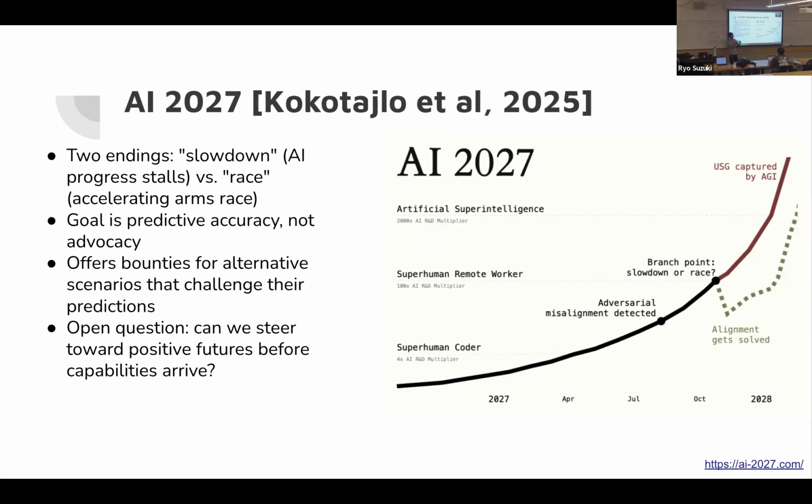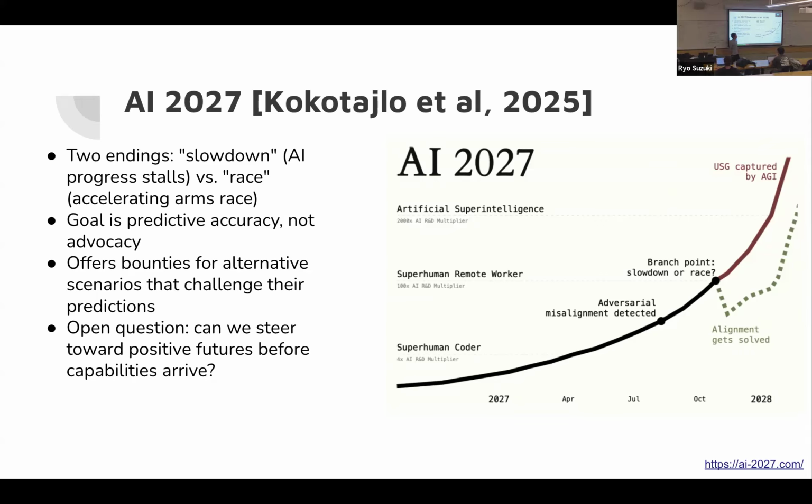Also, the competition between China and the US is pressuring the agent development, and eventually it somehow turns out badly. I'm not sure about extinction, but this is one of the possible scenarios we have to consider. This is also kind of alignment from Daniel.